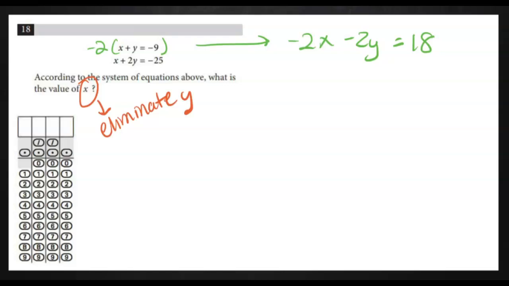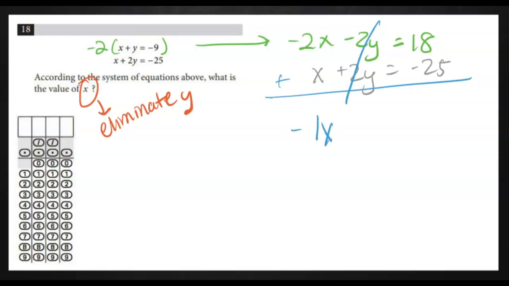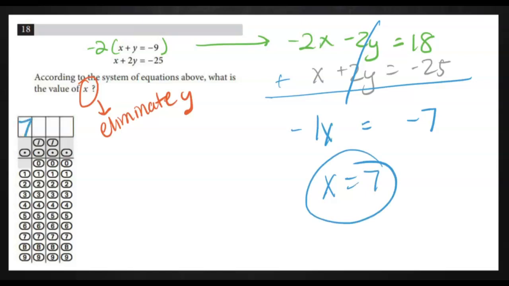Let's just write the second equation underneath. Now I'm going to add my two equations together to eliminate the y. So I have negative 1x is equal to negative 7. Solving for x, I can divide by negative 1, and x is going to equal 7. If I start from the left, fill in my bubble for 7 at the bottom.